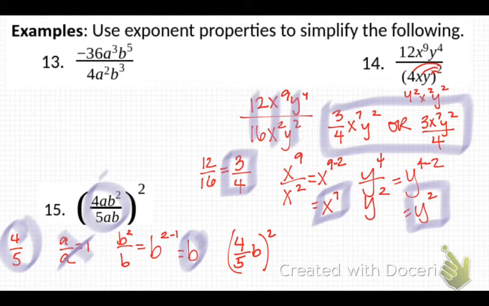So now I can distribute my square to every part. I have 4 squared divided by 5 squared times b squared, which is 16 over 25 b squared. And that's the final answer.